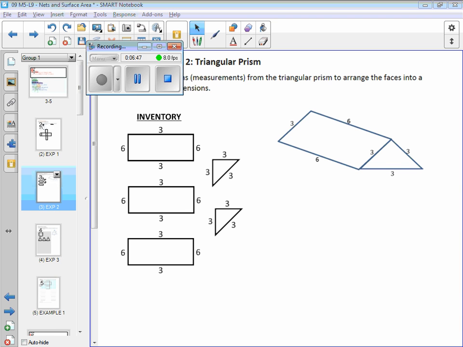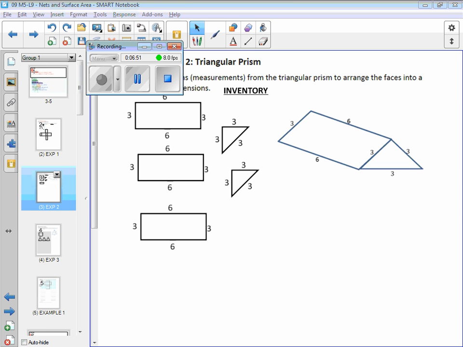You're right. Okay, fixed. So we have 2 unique faces: the rectangle, which is 6 by 3, and the right triangle. I'm assuming it's right because it's an equilateral. Actually, equilateral triangles are not right triangles, but for the most part right now, leave them the way they are, okay?